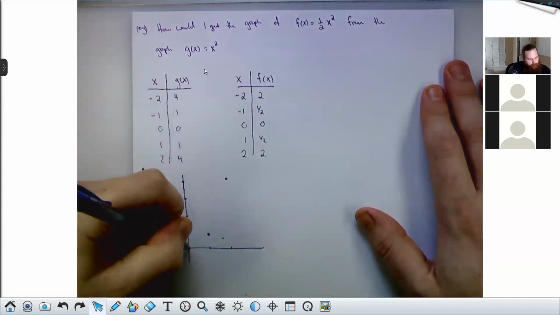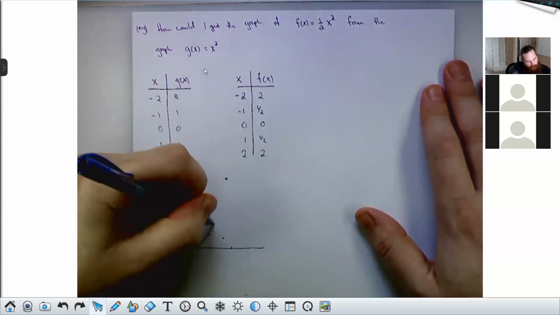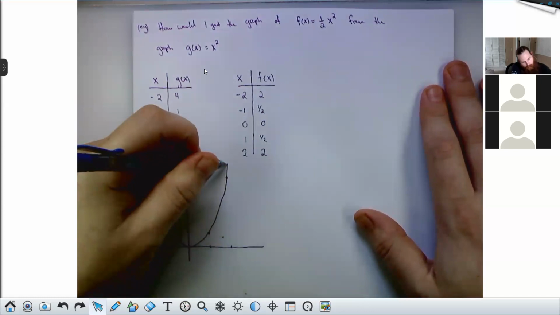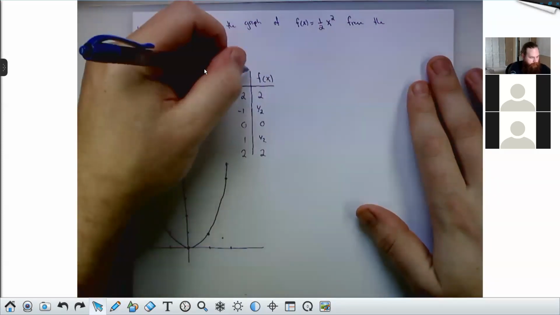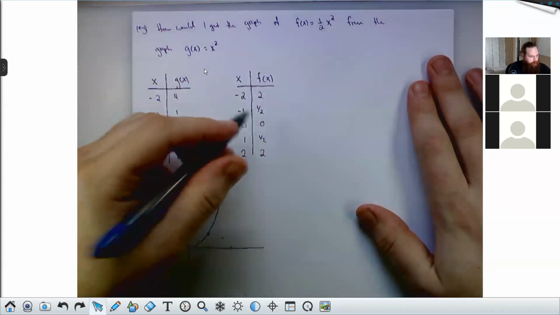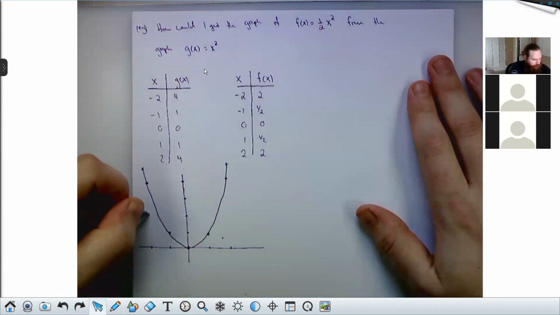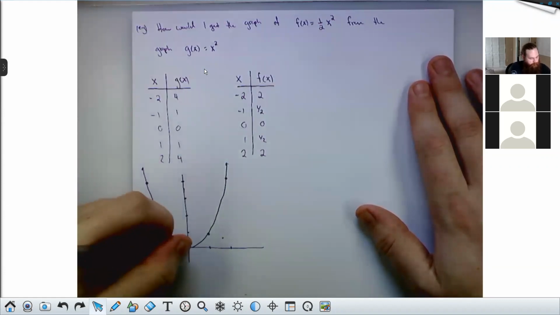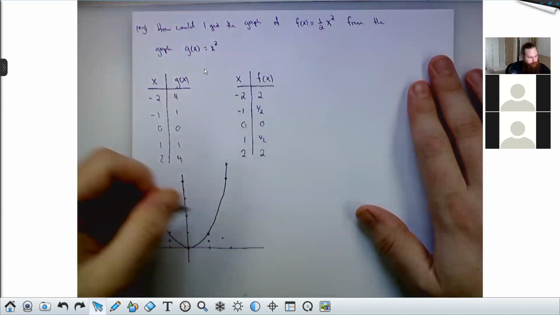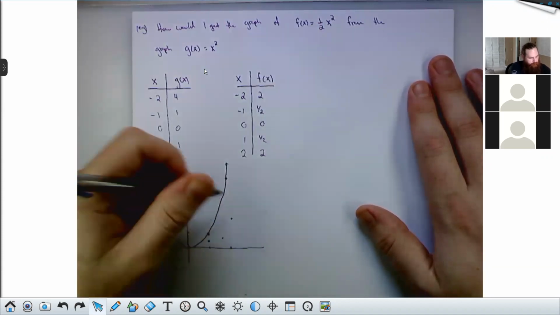This is my parent function. The graph of f has -2, 2, -1, 1/2, 0, 0, 1, 1/2, and 2, 2.